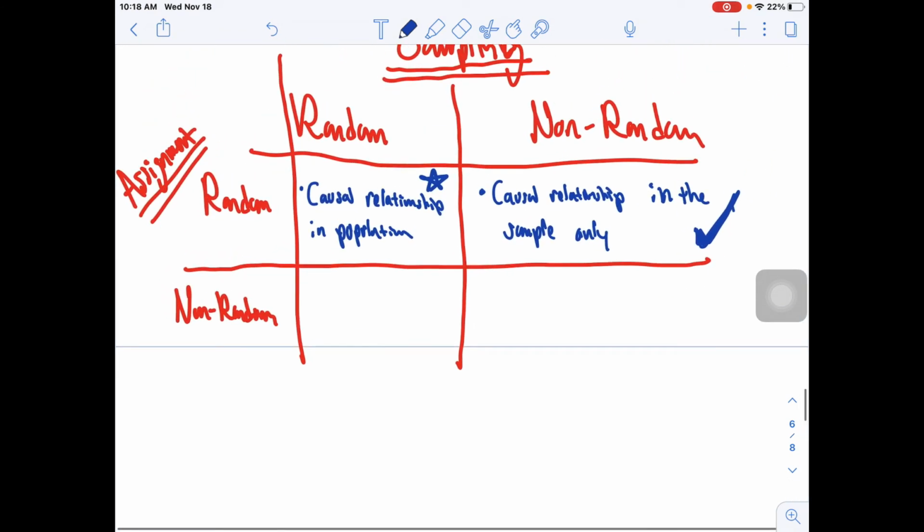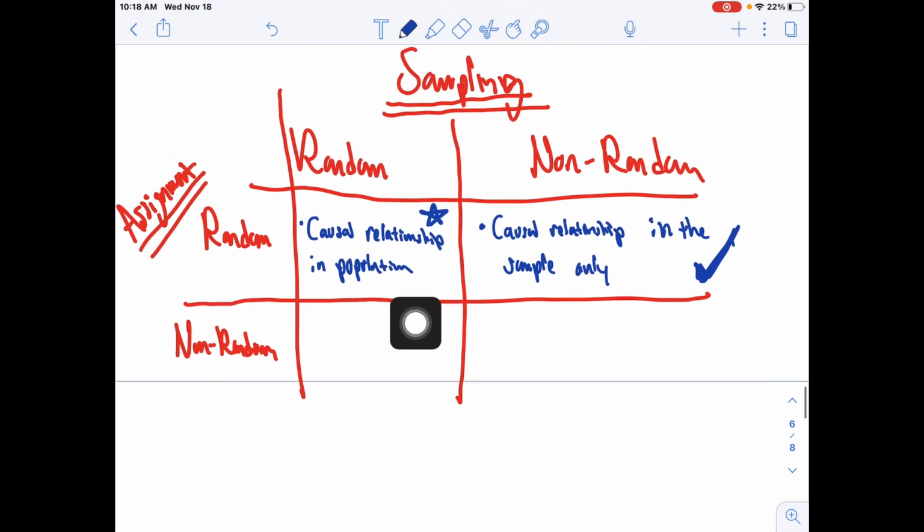Okay, kind of moving on here. This bottom left box, this would be that we did gather a random sample from our population. Somehow, maybe I did a simple random sample, but I didn't randomly assign them. Now, this would be a very bad experiment because you should always have the ability to randomly assign them, so why wouldn't you?